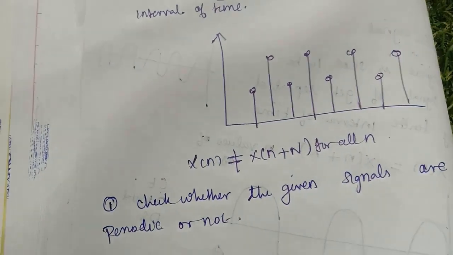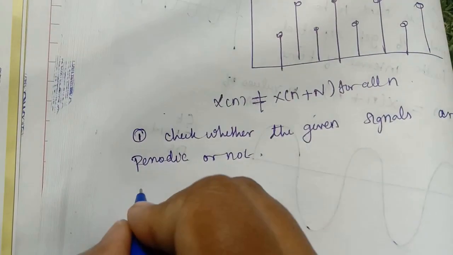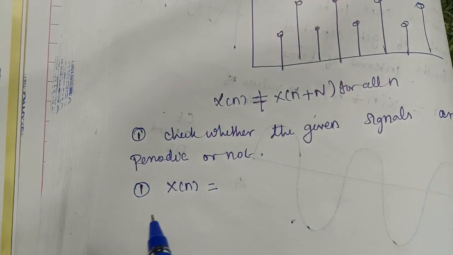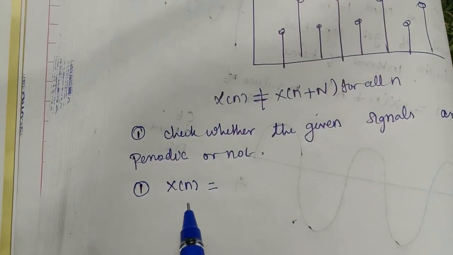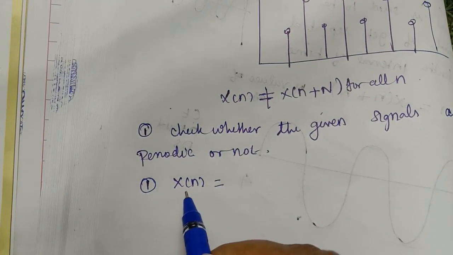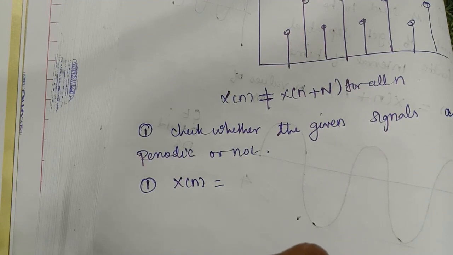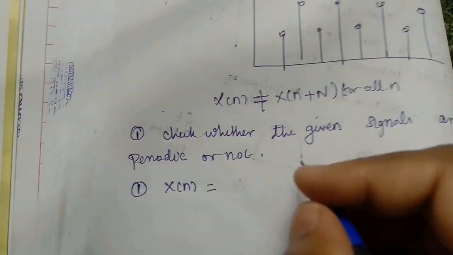So we are going to take a simple problem, and I'm going to give you some explanation about it. x of n. We are studying about discrete values, so our denotation would be x of n, and if it is x of t, that is called a continuous signal. If it is x of n, it is called a discrete signal.